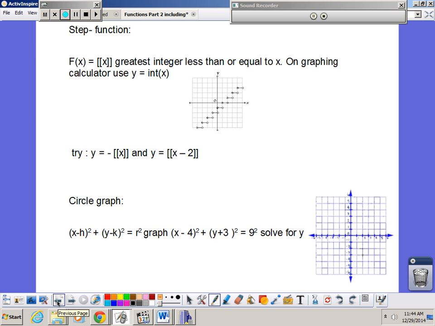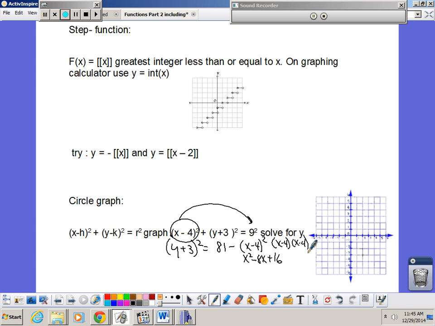Now, if you needed to solve for y on this one, what you would have to do is pick up this and move it over and get (y plus 3) squared is equal to 81 minus (x minus 4) squared, which would be x squared minus 8x plus 16. If I FOILed this, this would be x minus 4 times x minus 4.